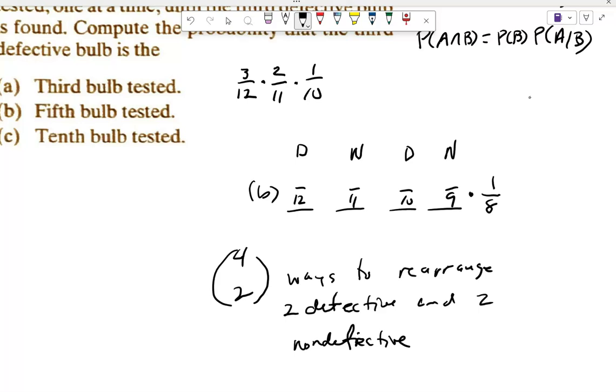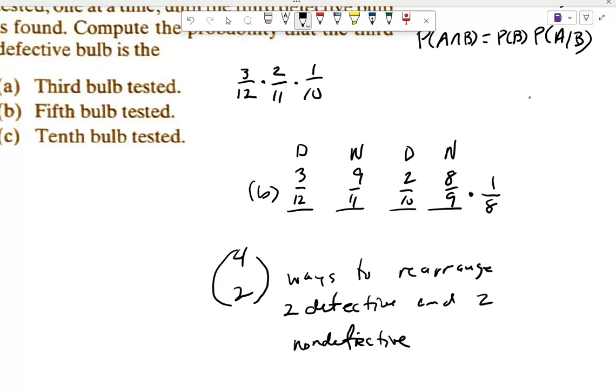First numerator would be 3. Second numerator would be 9, right? Because there's 9 non-defectives. Next one would be 2, and the next one would be 8. Is that a different set of numerators than what we just had? No. It's the same exact set of numerators, just in a different order, isn't it?